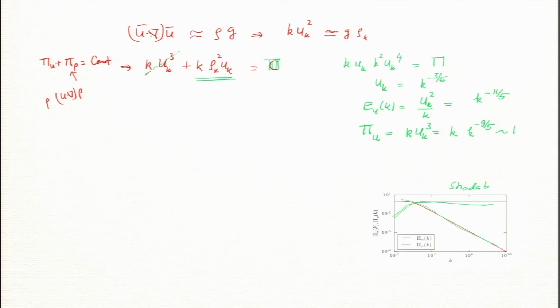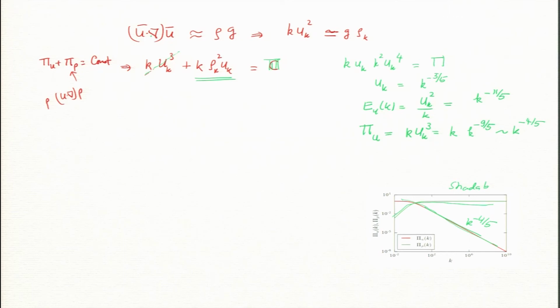So, that gives you k to the minus 4 by 5. So, this is supposed to go down as k to the power minus 4 by 5. This is dropping quite rapidly as k to the minus 4 by 5. So, kinetic energy flux is not constant because kinetic energy is being sapped at every scale.